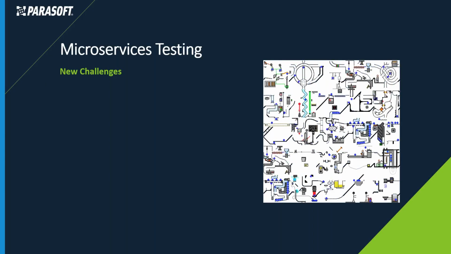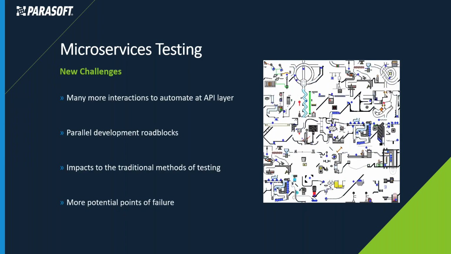Now, when it comes to testing microservices, there's a whole raft of new challenges that show up. You have so many more handoffs and interactions that are taking place behind the scenes at the API layer. You need to be able to not only understand those, but be able to isolate them and test them.